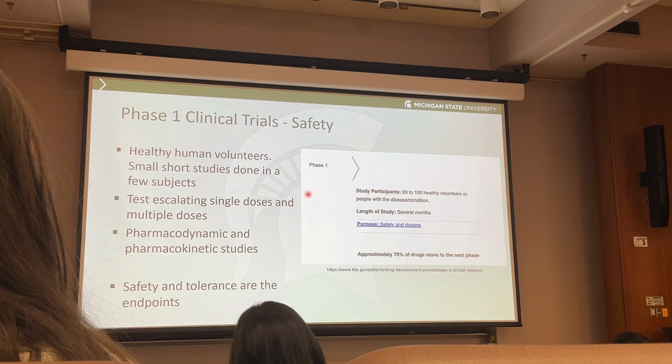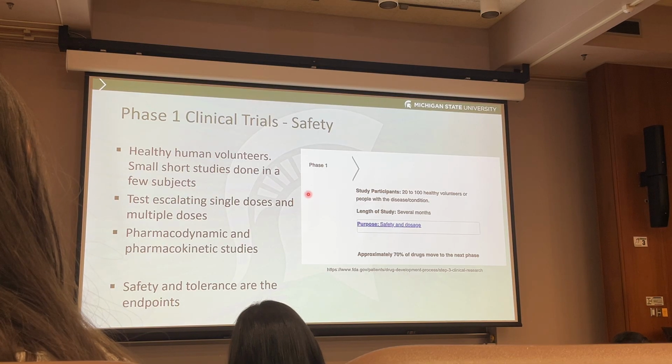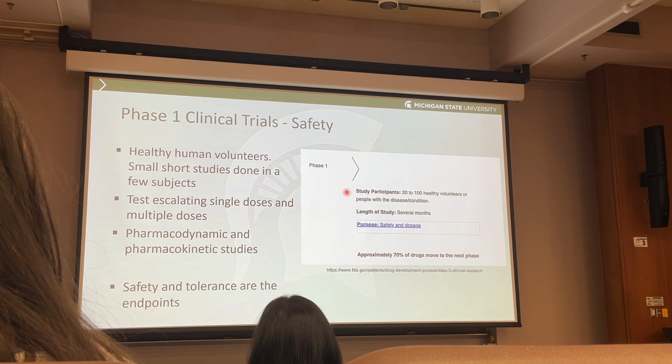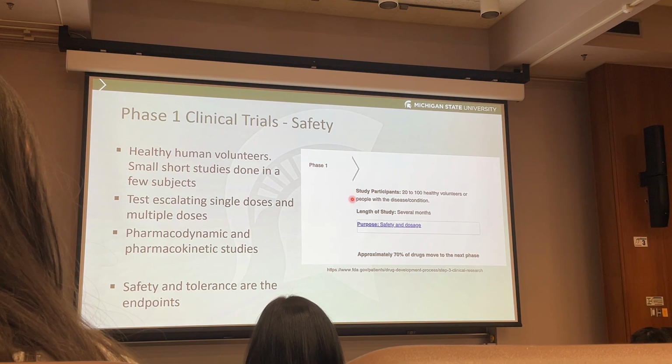The screenshots I have here and on the next few slides are taken directly from the FDA site. Since they initiate these or they monitor these, I figure that's the most reliable information. So, but as this says, phase 1, 20 to 100 healthy volunteers. Caveat here is current cancer drugs, they actually allow cancer patients in the phase 1 trials, okay?